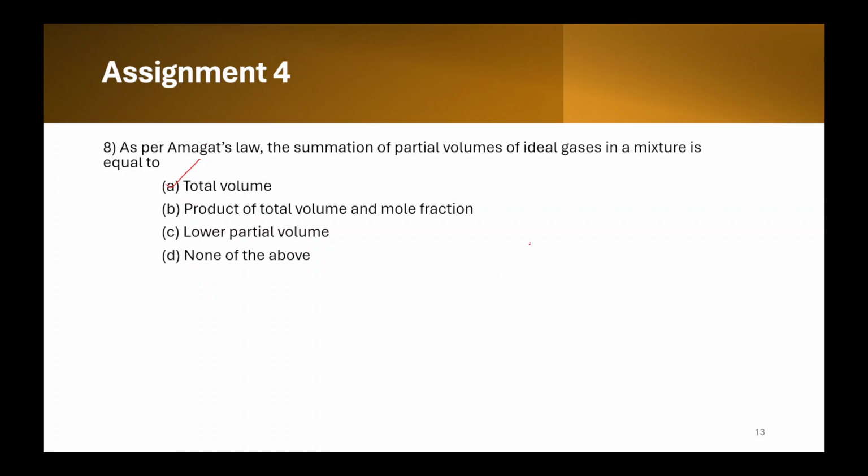So we have seen that the summation of Vi is equal to VT. This gives us that the summation of the partial volumes of ideal gases in a mixture is equal to the total volume.